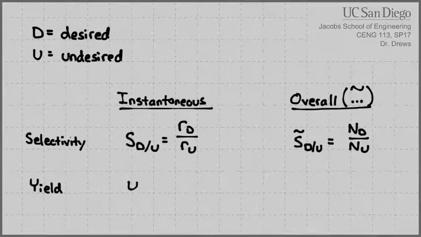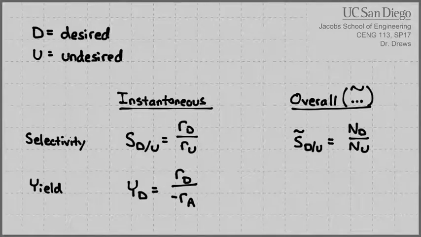Yield is similar, but it's only defined with respect to species D. Well, that's not true. It's still defined with respect to a species, but it's not necessarily the undesired. It's whatever your primary reactant is, A. So it varies.